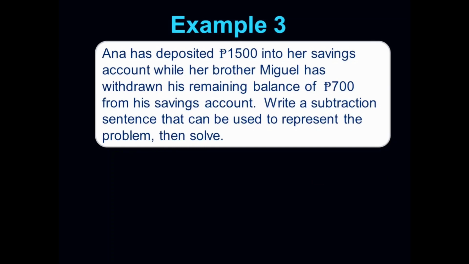Now, if we are going to translate these English phrases into mathematical statements, we have 1,500 minus negative 700. So we have already formed a difference of two integers.